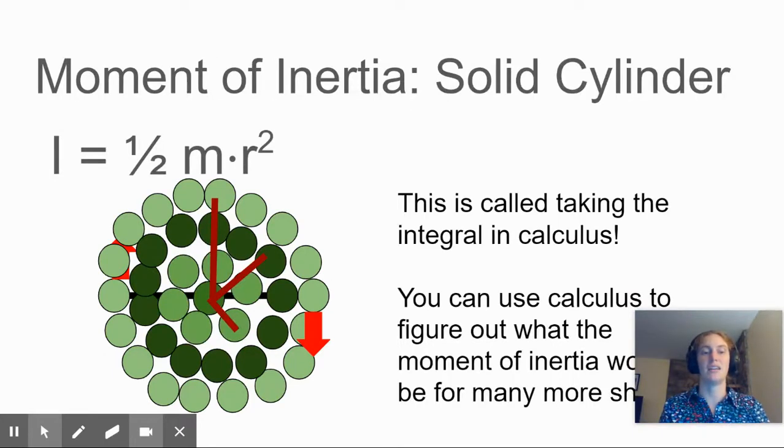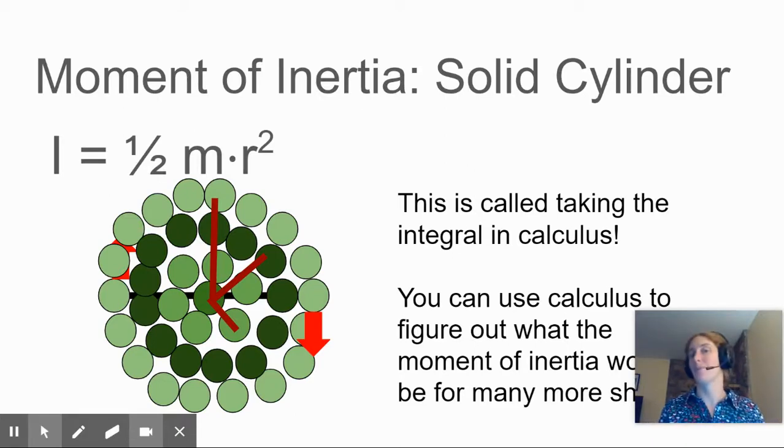And then I could do it again and again. If I add up all of these masses times their radii squared, I get a total of 1/2 times the total mass of this solid cylinder times r squared.